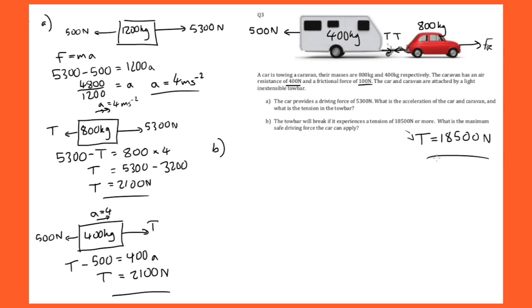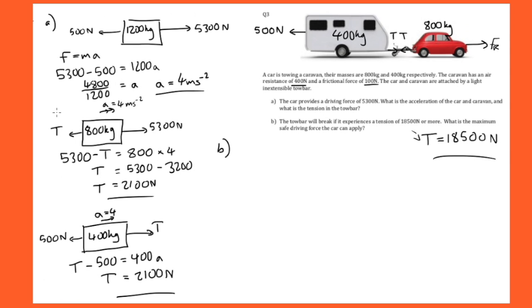So let's go for the car in the first place. What we could do is say that FD minus this tension, which is 18,500, is going to equal 800 times A. Okay, so we've got an equation we can write.